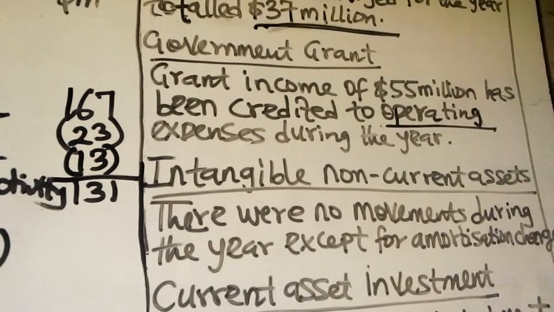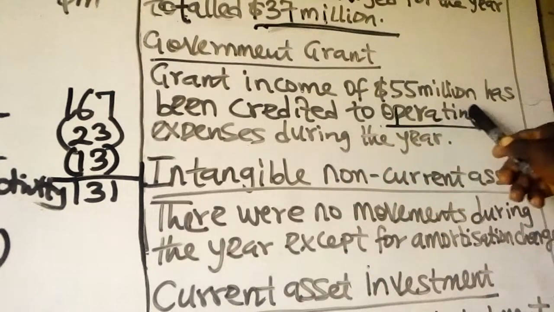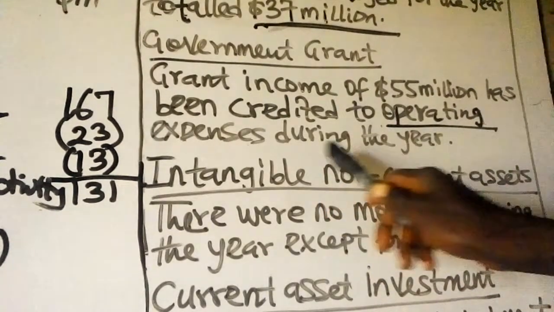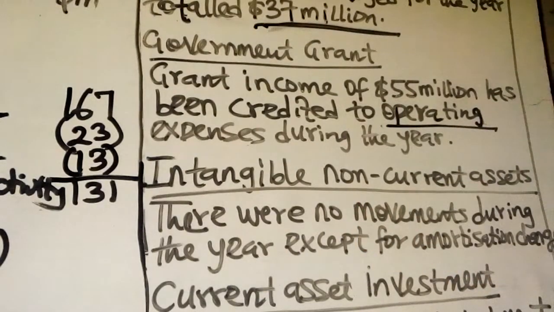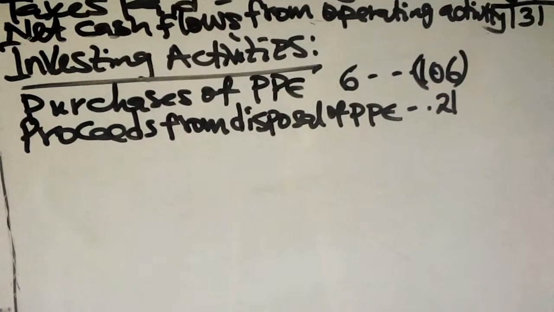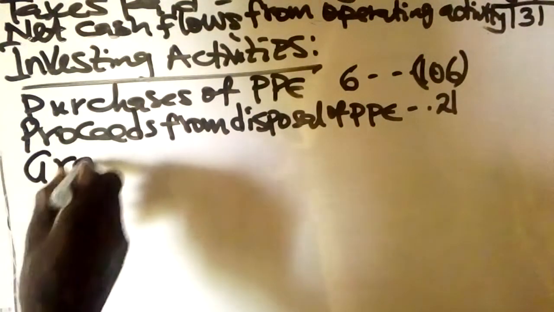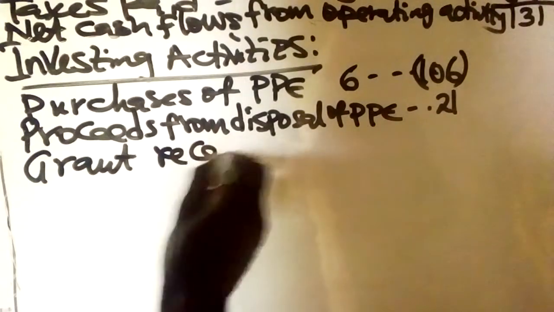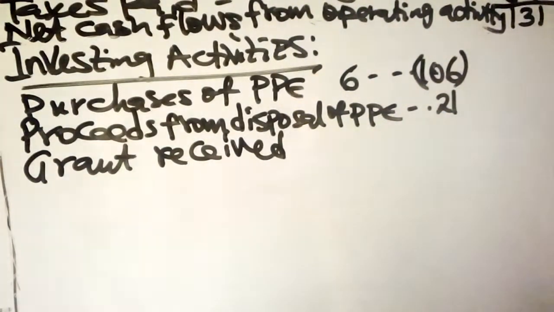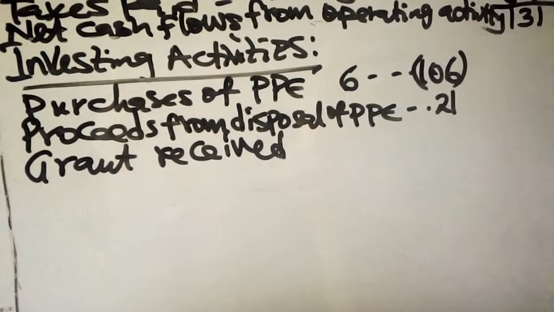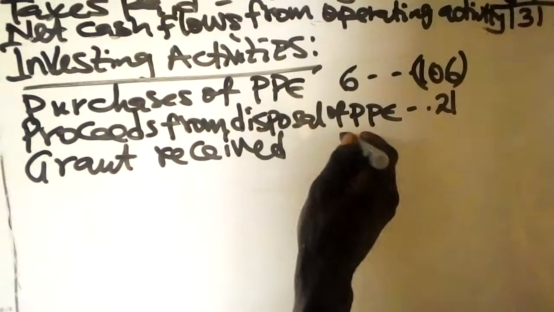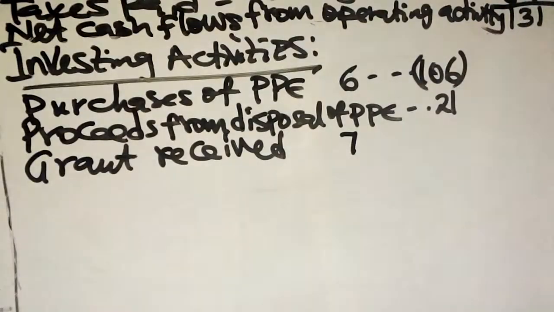The next note is government grant. Grant income of 55 million has been credited to operating expenses during the year. Then you will need to calculate the amount of grant received. How much has been received? Remember, you were only told that the income of 55 million has been credited to operating expenses. The grant income will be recognized in line with the accrual basis of accounting, but the amount received will be recognized on cash basis.